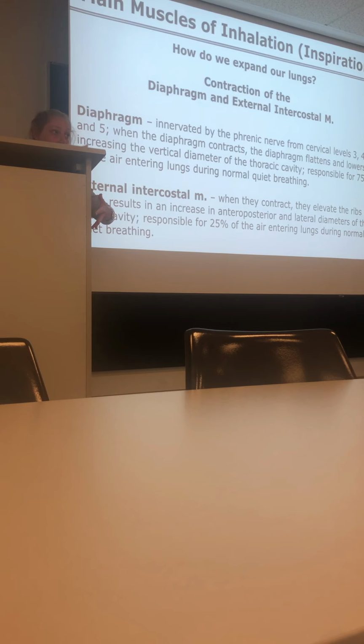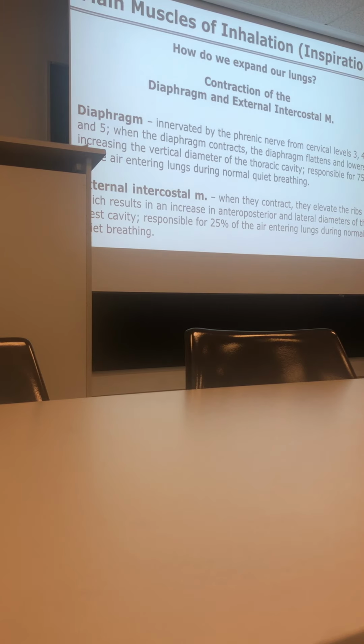When the external intercostals contract, they open and elevate our ribs, creating even more space for our lungs to expand, and they are responsible for about 25% of our breathing. Does that make sense? So basically we're opening up the space in our thoracic cavity so that our lungs can expand and air can flow in.